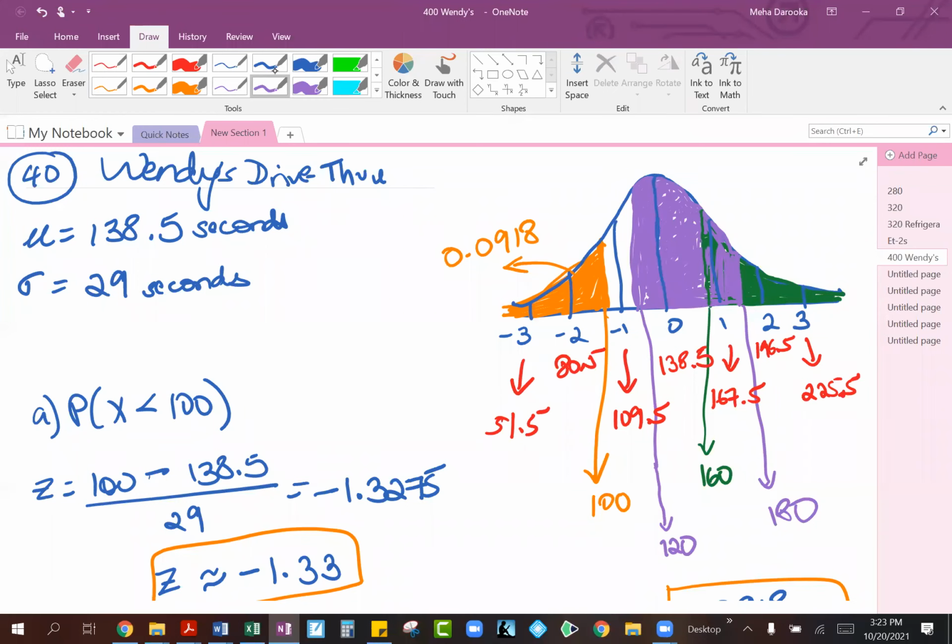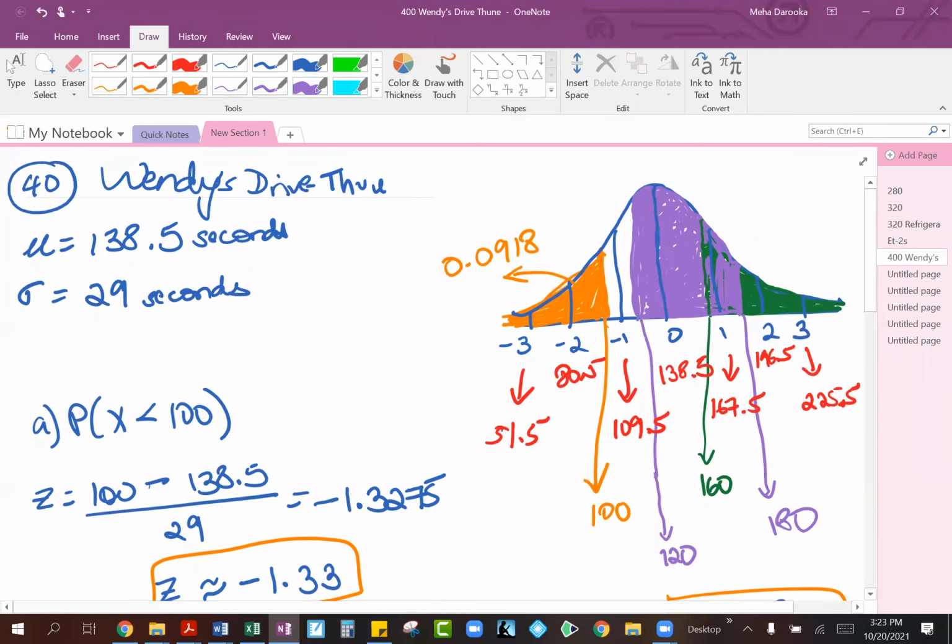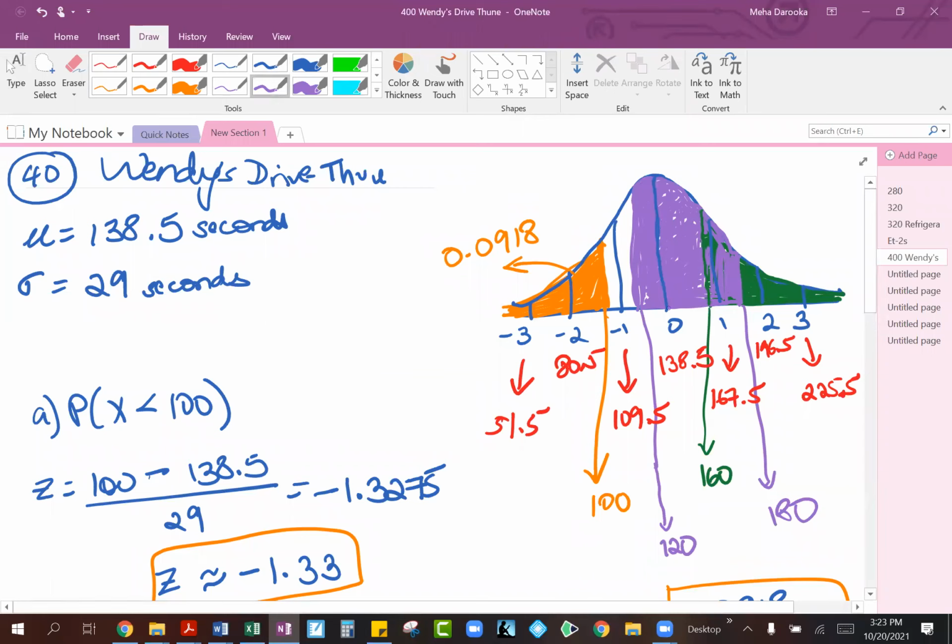So this little area that we calculated, the 0.2389, is between the 120 and the mean of 138.5. So it's this little area over here, which is your 0.2389. Now we still have to calculate this area on the right-hand side.